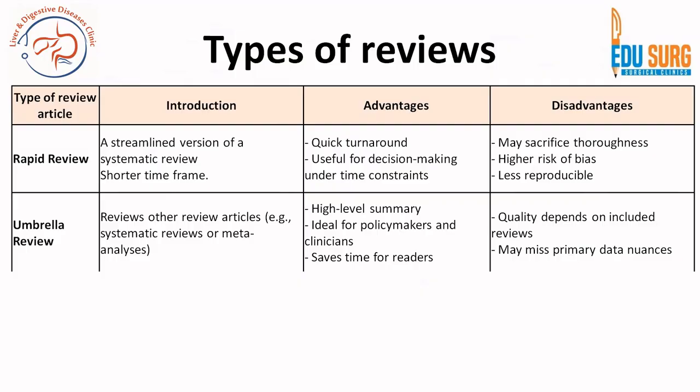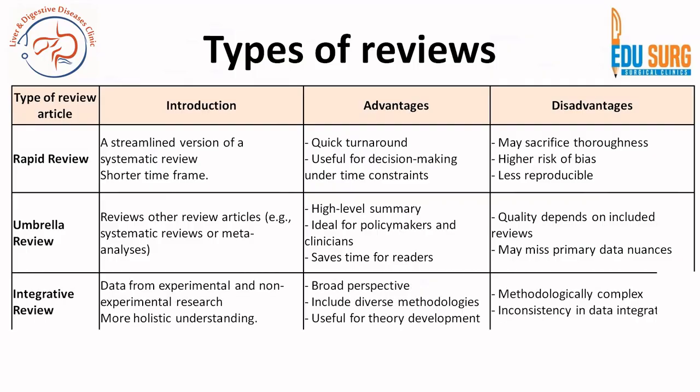So when you have multiple systematic reviews on a particular topic, if you are combining them into one review article, that is an umbrella review. It is a high-level summary ideal for policymakers and clinicians, but depends on included reviews and may miss primary data nuances because the quality will be based on the authors that prepare the summary.